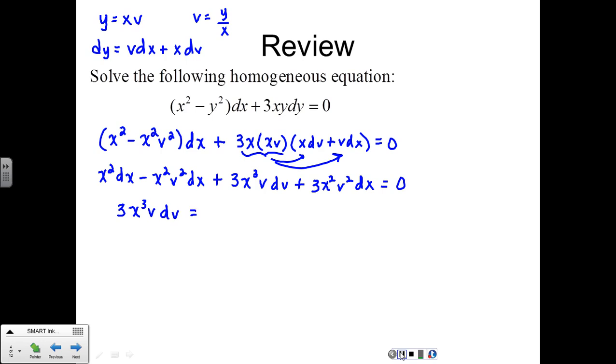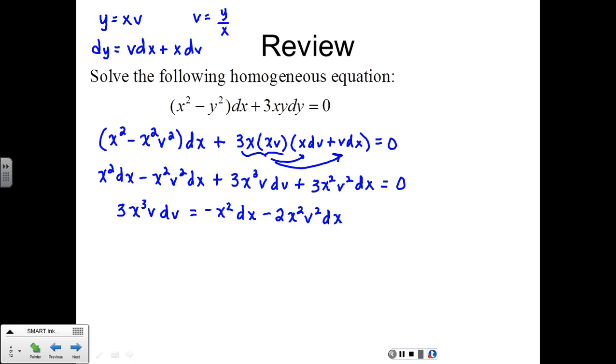All the dx stuff we're going to move to the other. So it'll be minus x squared, if these two terms can combine, you got minus 1 plus 3. So I'll be minus 2 x squared v squared dx.